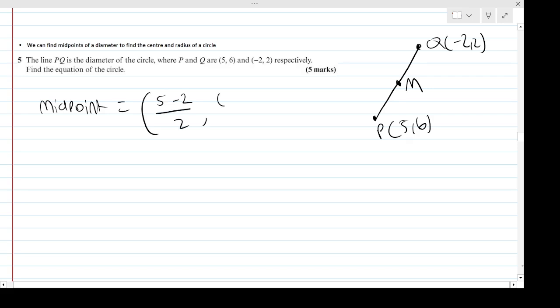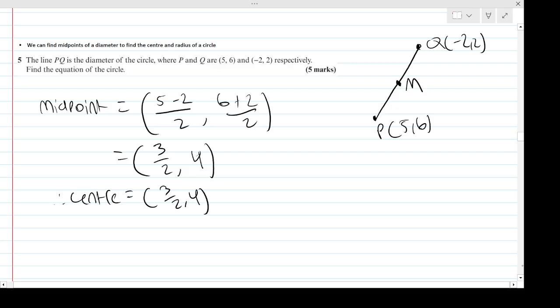Then we add the y values, 6 add 2, over 2. 5 minus 2 is 3, so that's 3 over 2, and 6 plus 2 is 8, 8 over 2 is 4. So that's our centre, because it's the diameter in this case, and so that's (3/2, 4).